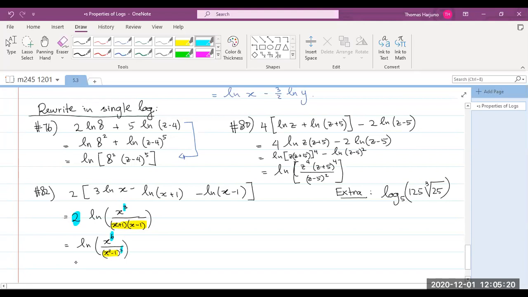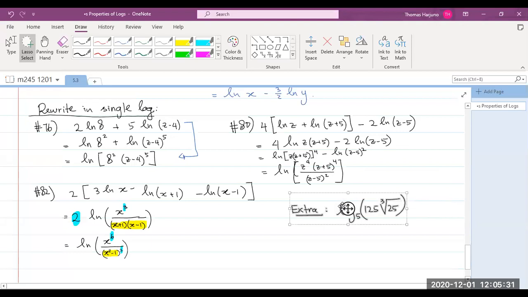That's number 81. Now the extra problem, number 82. How do we answer that question? Log base 5 of 125 cube root of 25. If I need to solve that problem, you have a couple ways to do this. The first way, I separate them first.